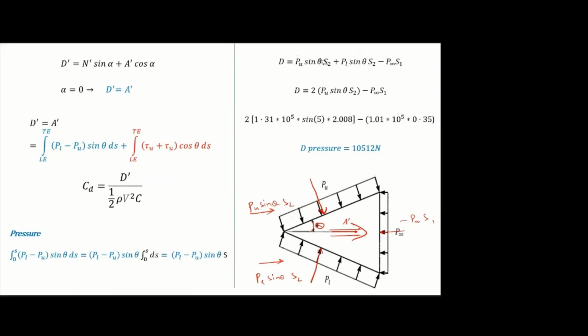So instead of these two components, I can write 2 P sin theta S2 minus P infinity S1. You know the Pu value, and theta is 5 degrees, S2 value, P infinity is known, S1 also known. Substitute, you will get drag due to the pressure. Is that clear? Or should I repeat?